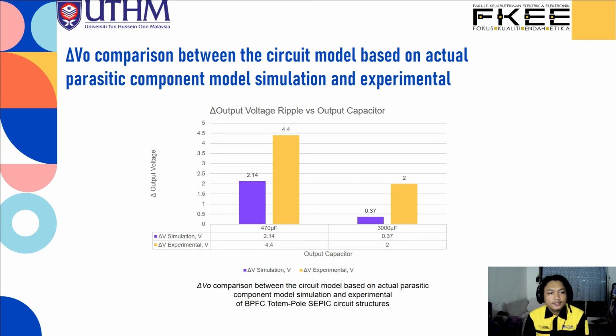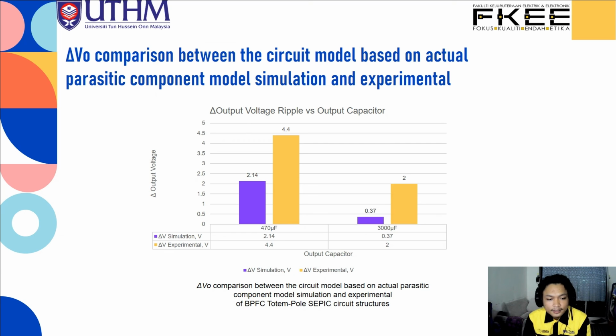Next, the output voltage ripple comparison from the simulation and the experimental. For 470 microfarad, from the simulation we got 2.14 volt, and for the experimental we got 4.4 volt.